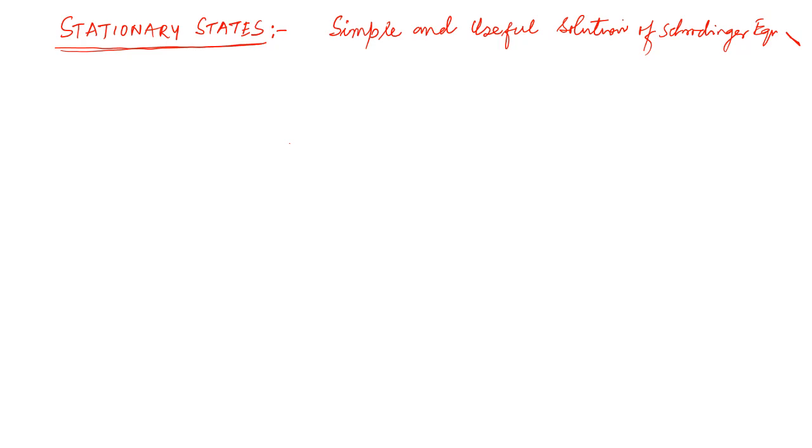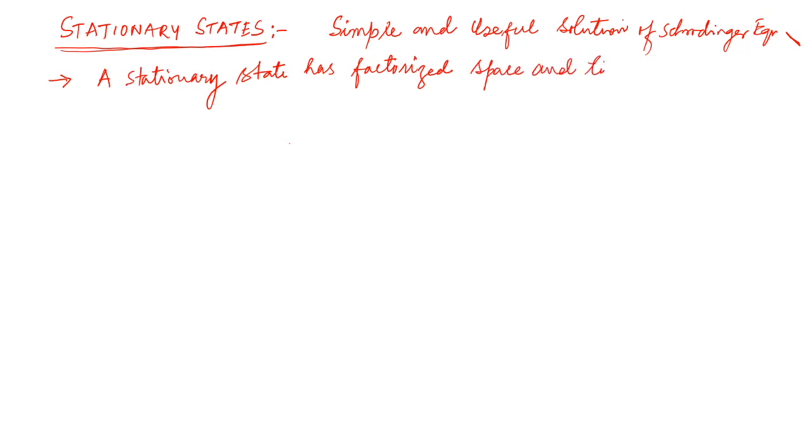So we can define a stationary state basically as a state that has factorized space and time dependence.